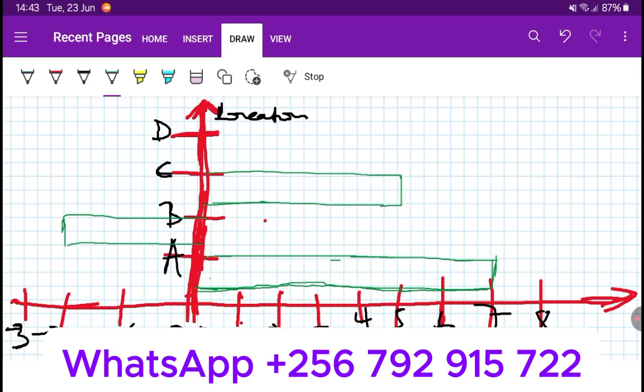Then I move. I plot the same thing for maybe the last region, region D. Maybe it had a negative as well. It had maybe a -1. I skip 1.